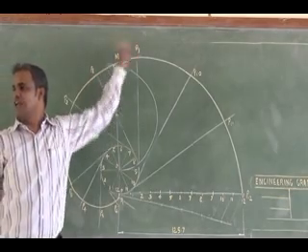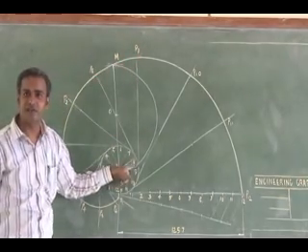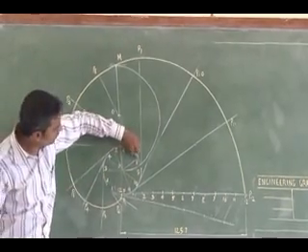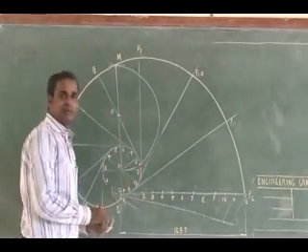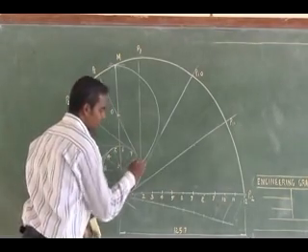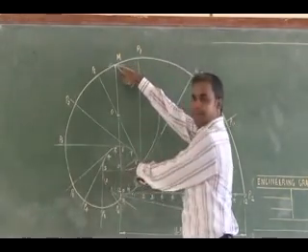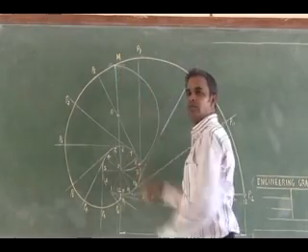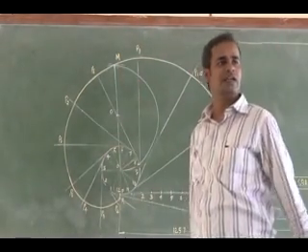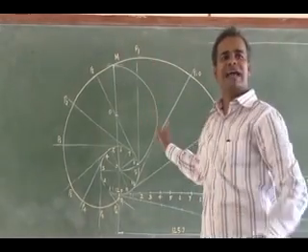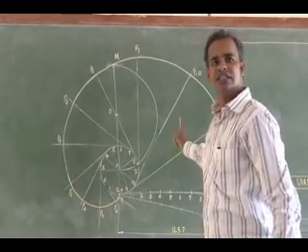Where it intersects, you mark that point and connect that point to M. That is nothing but the normal. The perpendicular to that will be the tangent. Is it clear? So this is the procedure for drawing tangent and normal for an involute of a circle.